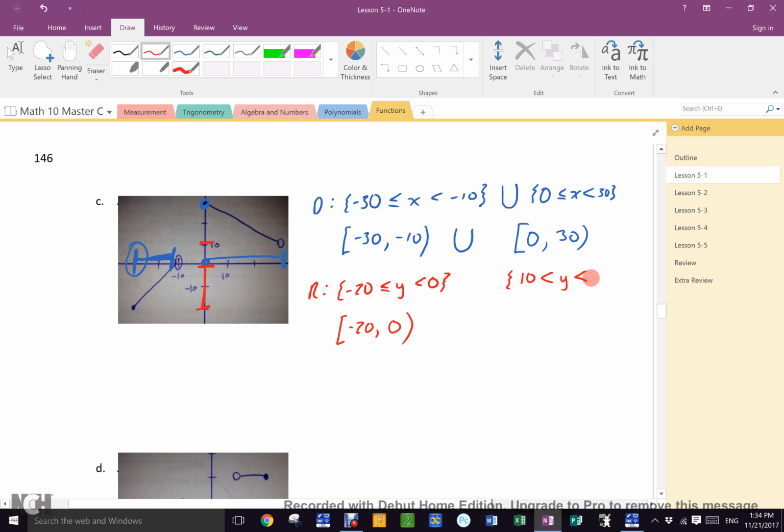And y has to be less than. Does it get up to 30? Yes, because that's a closed dot. So that one gets the equal sign. How do I write it? And then what goes here? A U. What is this in interval notation? Normal bracket, 10, 30, square.